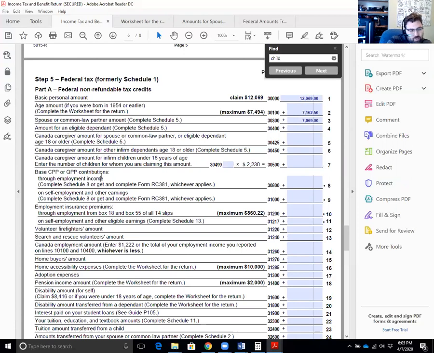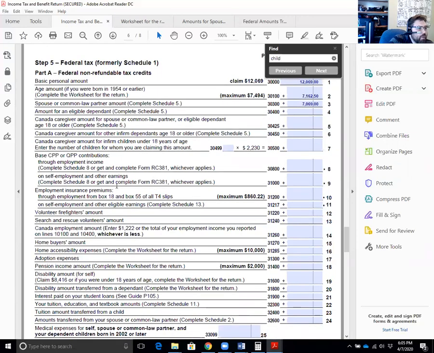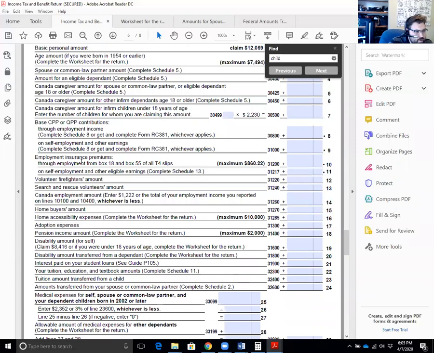That's not in our question, although we do have some sort of income that could have been possible, but in the question, it's not there, so no. On self-employment and other earnings, no CPP on self-employment is recorded, so that's no. Employment insurance premiums, no. On self-employment, no. Firefighters amount, no. Search and rescue volunteers amount, no.